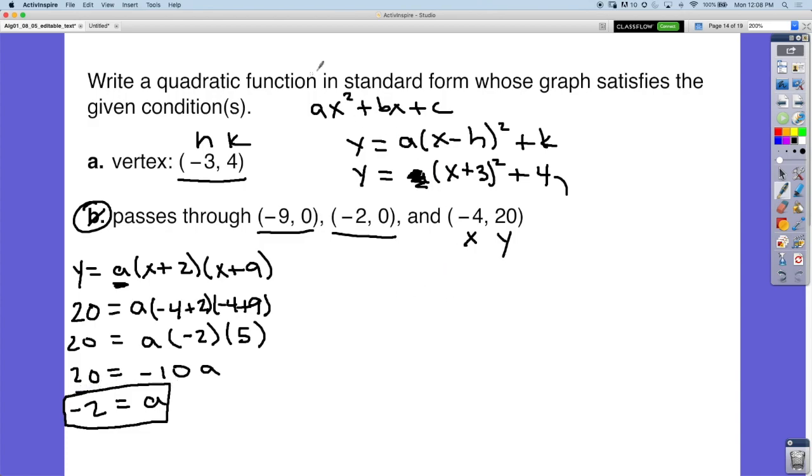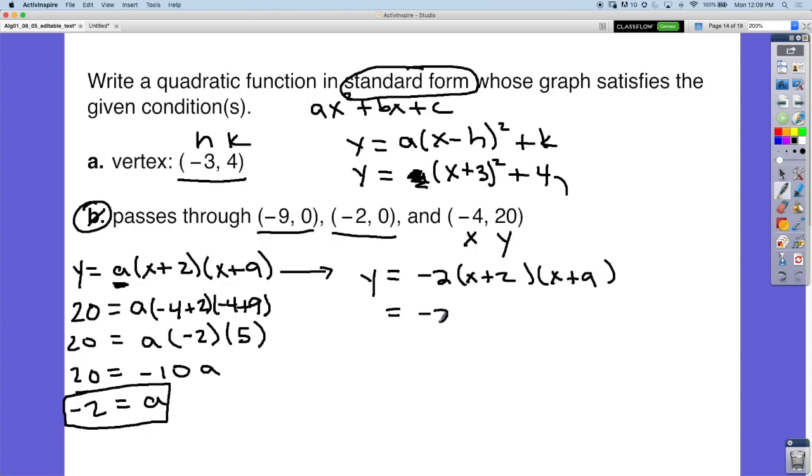Okay, now I'm going to write it in standard form. I'm going to take this equation here. I already figured out a. I'm going to say y equals -2 times x plus 2 times x plus 9.